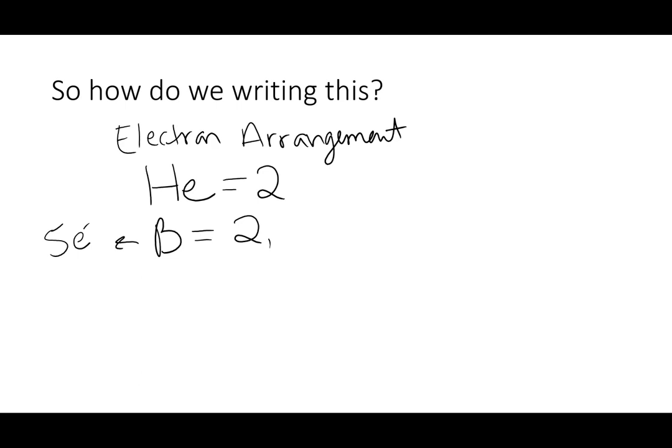No, we just have 3 more electrons. 2 went on the first shelf, so the last 3 are going to go on the second shelf. So that's how we write electron arrangements. We basically tell the viewer how many electrons are in each energy level, or how many books are on each bookshelf, and we separate each bookshelf with a comma.